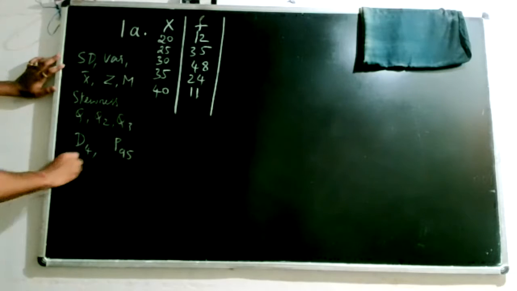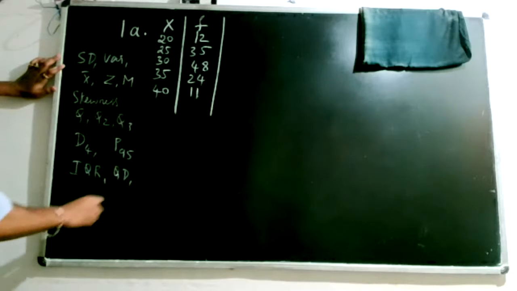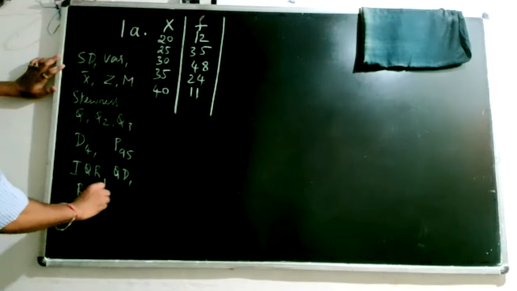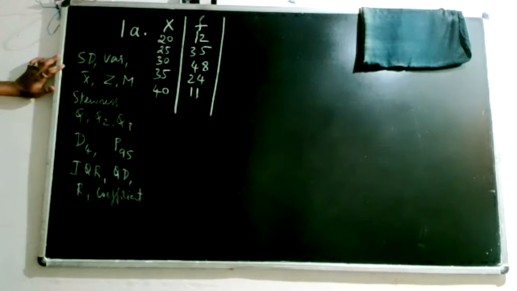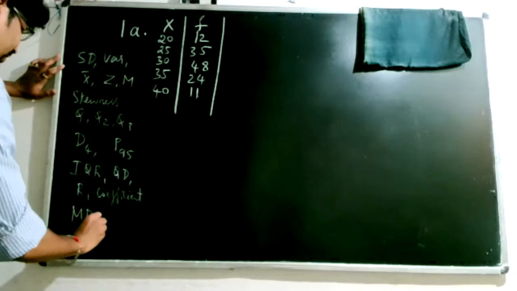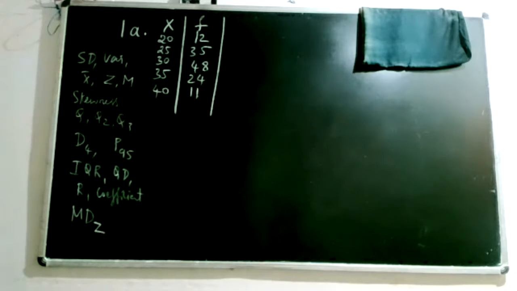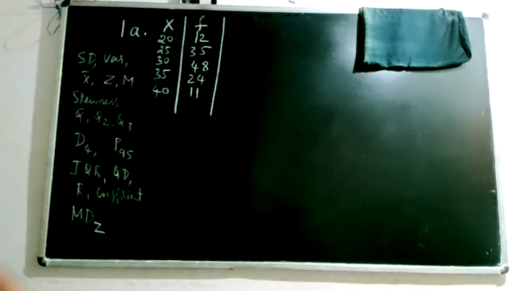Then we can compute the IQR, quartile deviation, coefficient, we talk about range, coefficient of range, and what else? One mean deviation. So let me talk about MD about mode in this case. You can similarly do MD about x bar, MD about median.